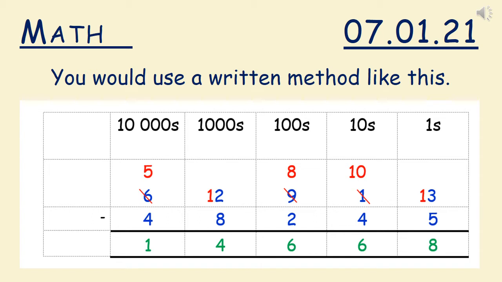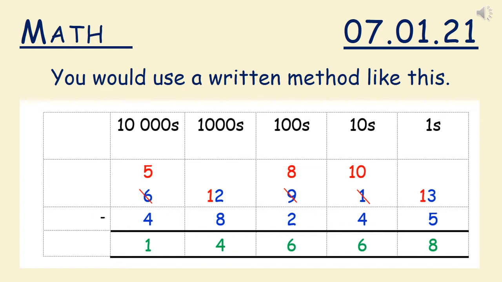As you can see, we don't need to expand that, so that just says 6 in the tens column. Now, 800 take away 200, because we've just taken 100 away from that and placed it into our tens column. 800 take away 200 is 600.